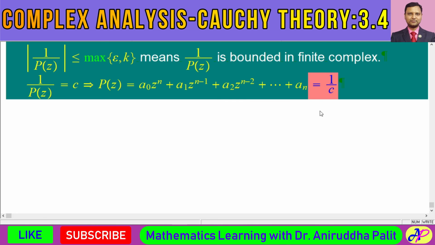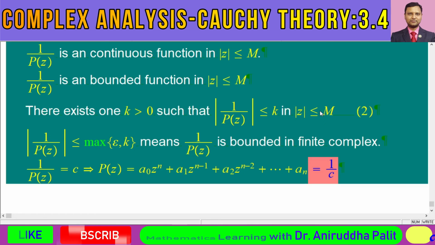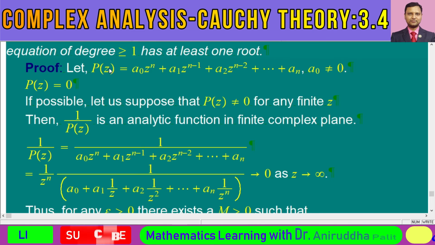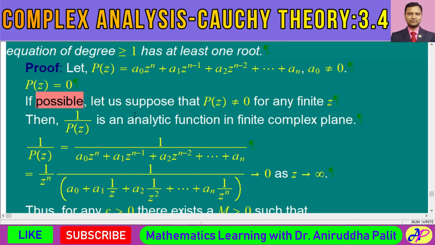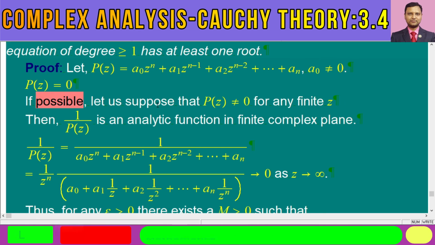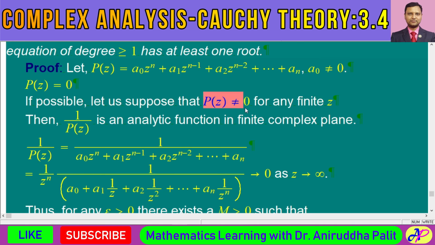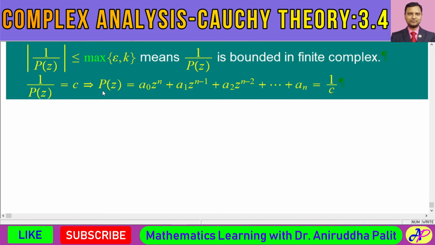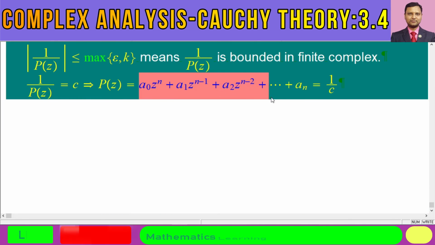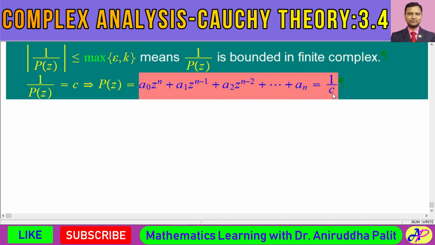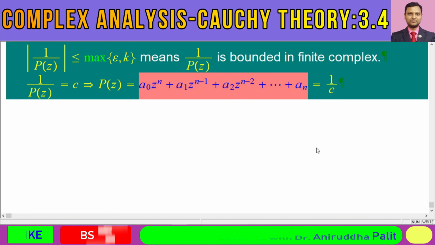So we actually obtain a contradiction. Why did we obtain this kind of contradiction? Because we assumed, if possible, we didn't know whether this is possible or not, but we assumed that p of z is not equal to 0. That was our assumption. And because of this assumption, we finally find that a polynomial expression always becomes equal to a constant. This is not possible.